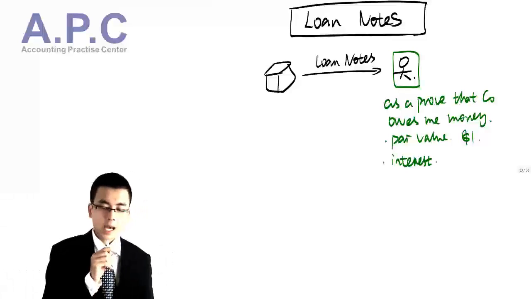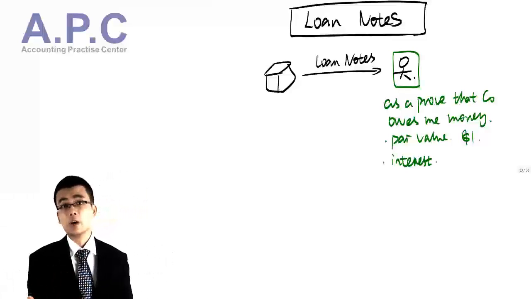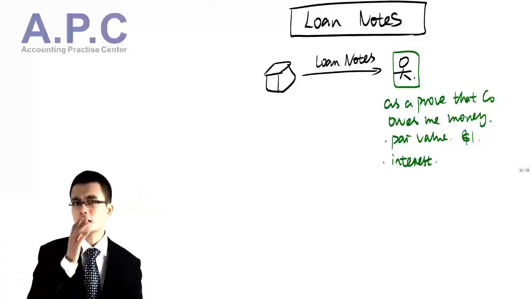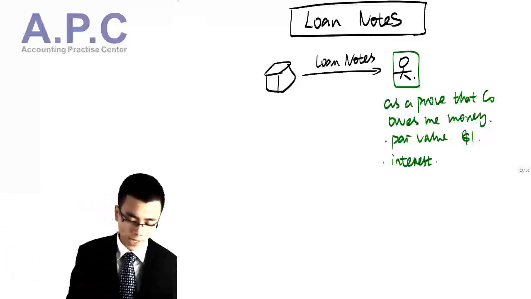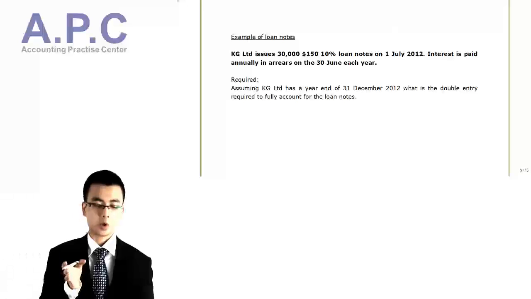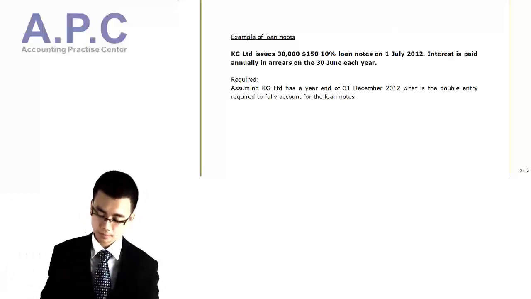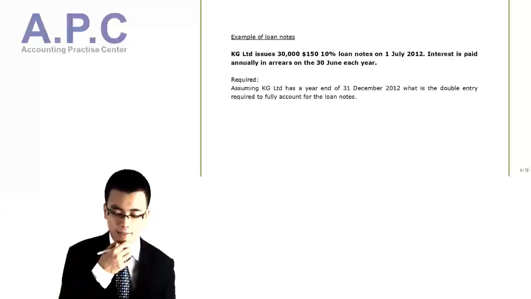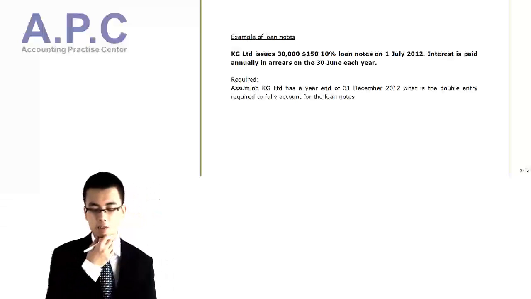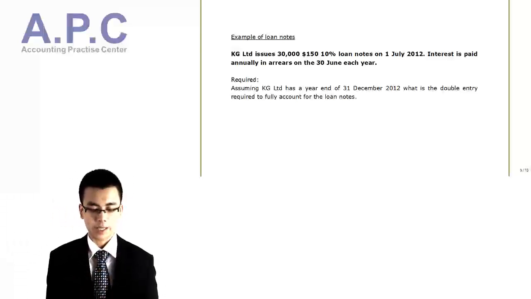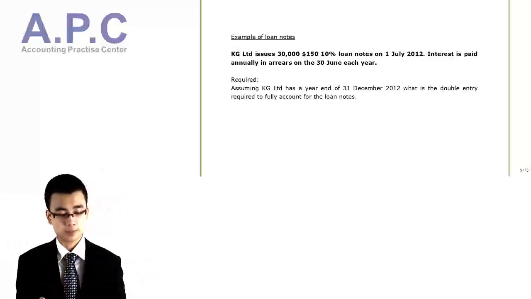So how can we account for the loan notes using our double entry journals? To best illustrate this, turn back to your notes. Let's directly look at this example called KG Limited. Assume KG Limited has a year ended 31st December 2012. What's the double entry required to fully account for the loan note?